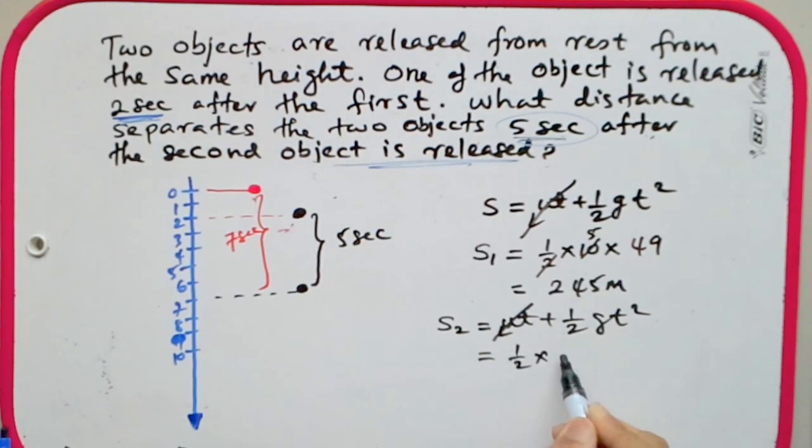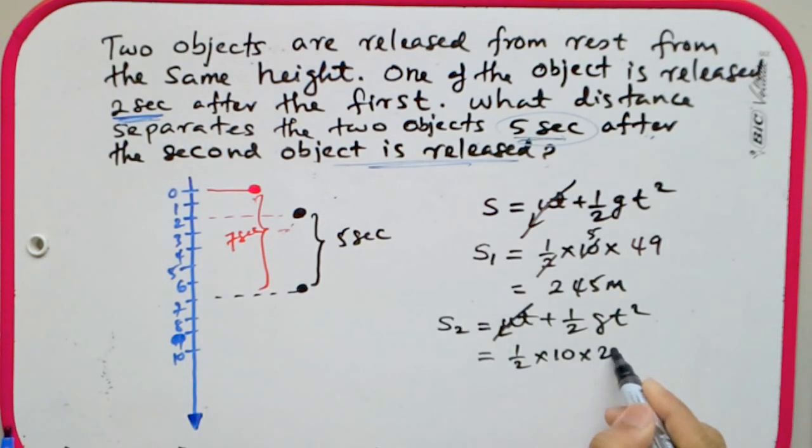Half of 10, now what about time for the second object? It is 5. So 5 squared is 25. So half of 10 means 5, so 5 into 25 is 125 meters.